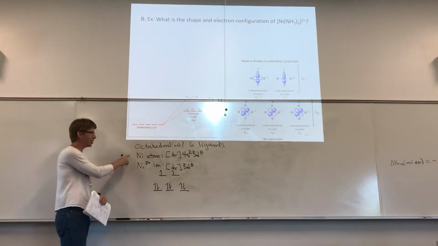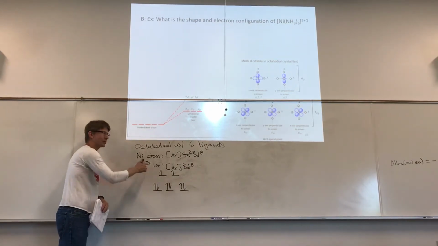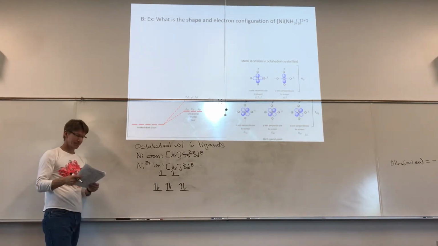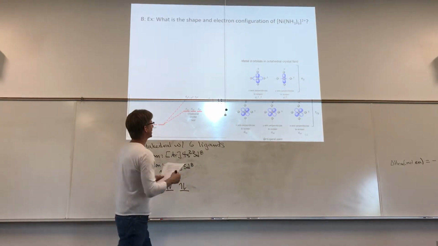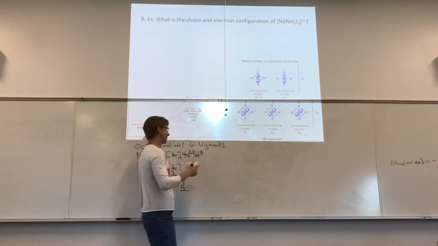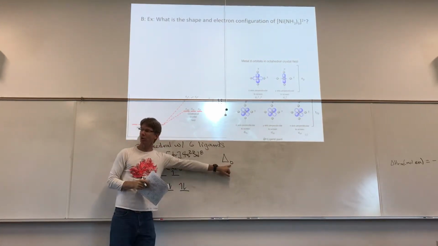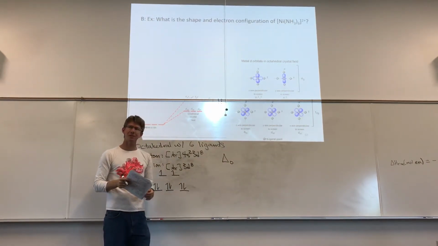So you'll need to know how to do your electron configurations for the atoms and the ions specifically, and then you'll have to put those electrons into the orbitals. Last thing, I'll point out that little symbol right there. It is delta O, or delta naught, and it is the crystal field splitting energy.